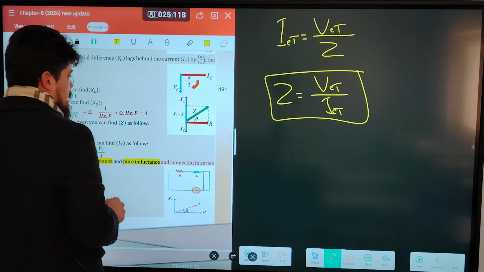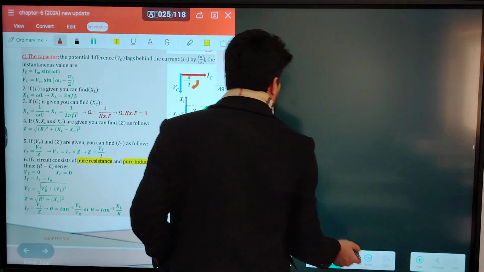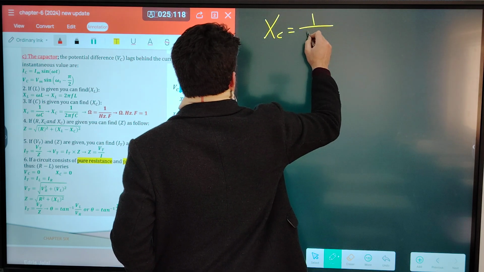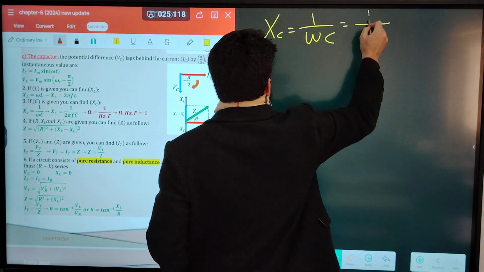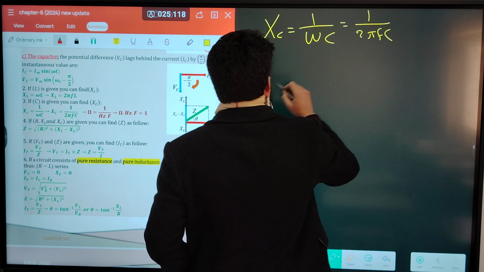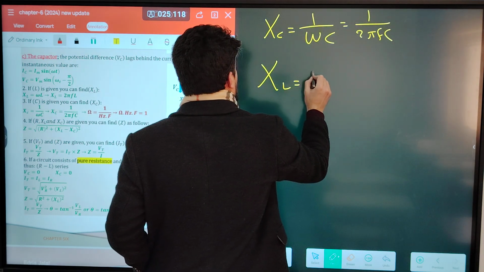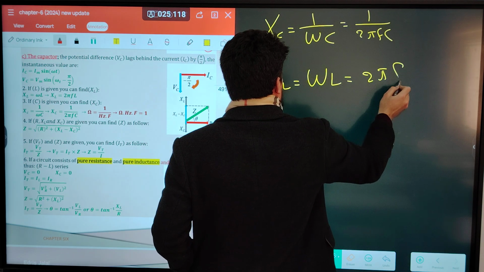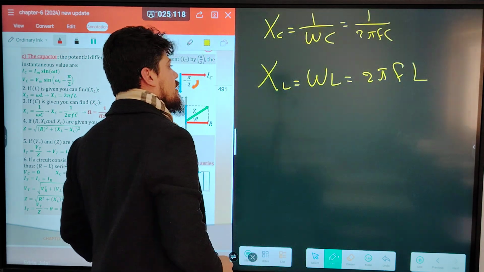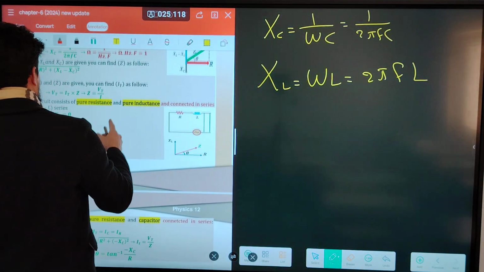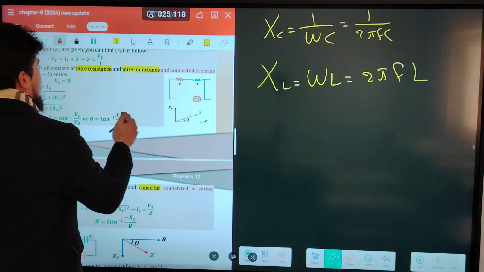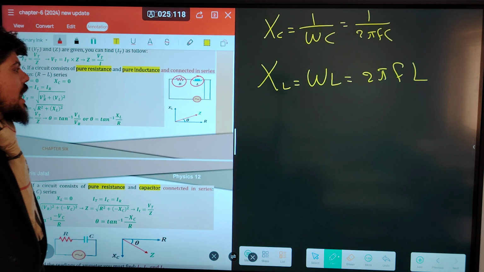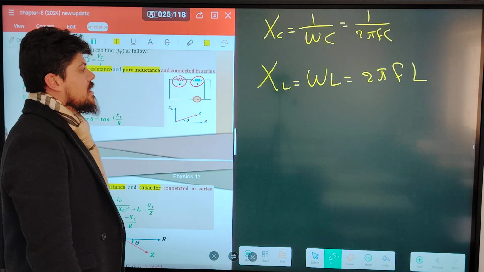And guys, just a quick reminder. XC is equal to 1 over omega C, which is 1 over 2 pi f C. How about XL? Omega L, which is 2 pi f L. Guys, if you have in the circuit resistance and inductance, how can you determine the total impedance?